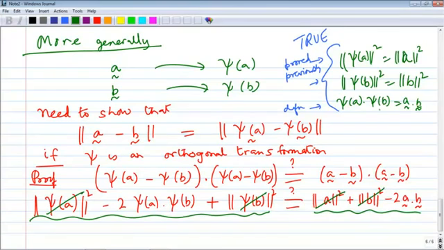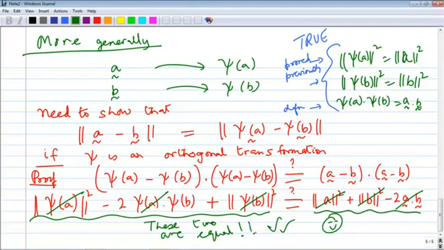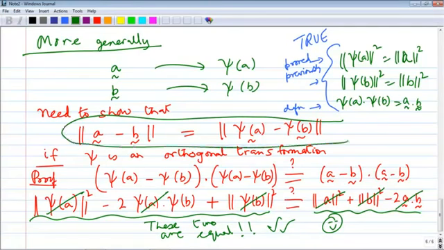And we also showed that psi A dot product with psi B is the same as A dot product with B. And therefore this term and this term are the same. And this is great, excellent. So we are very happy because we have just shown that these two are equal. So in other words, we have proven this result.